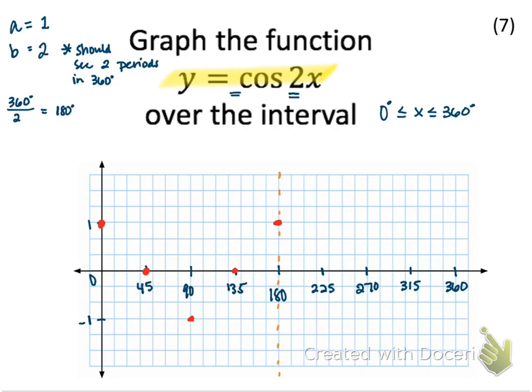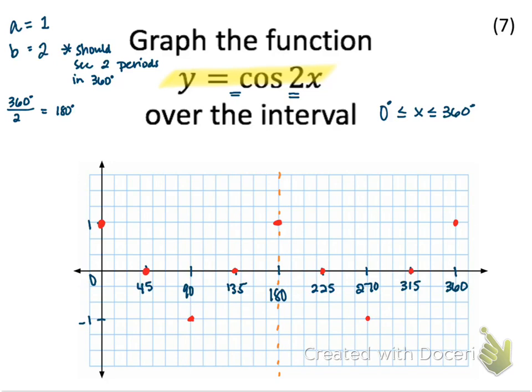But because we're graphing all the way out to 360, we can go ahead and continue our pattern. So we're going to be down again at 0, moving to -1, back to 0, and then all the way back up to that +1.